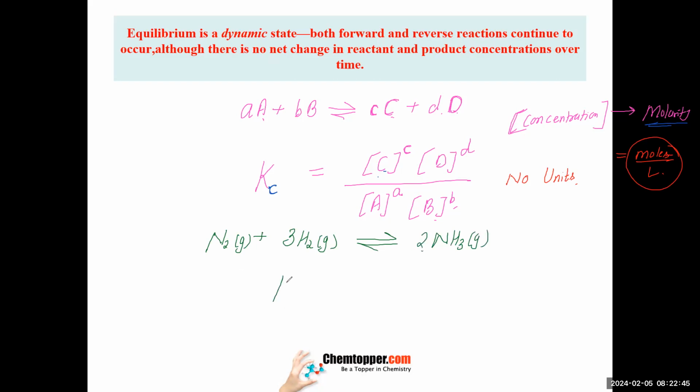What is the Kc expression for this reaction? I've already explained how to write it. So type your answer here. You can leave the class, but if you have more questions, you can stay back.